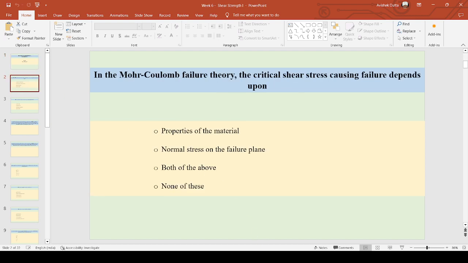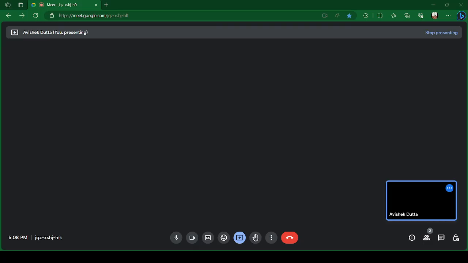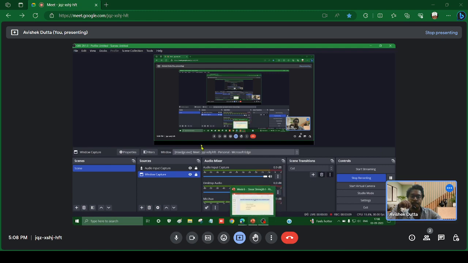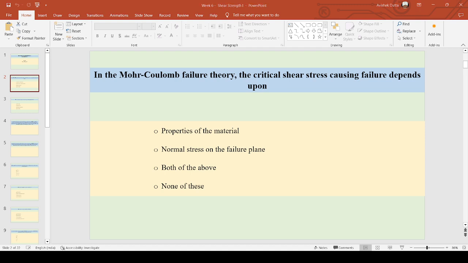First question: in the Mohr-Coulomb failure theory, the critical shear stress causing failure depends upon, the options are properties of the material, normal stress on the failure plane, both of the above, none of these.